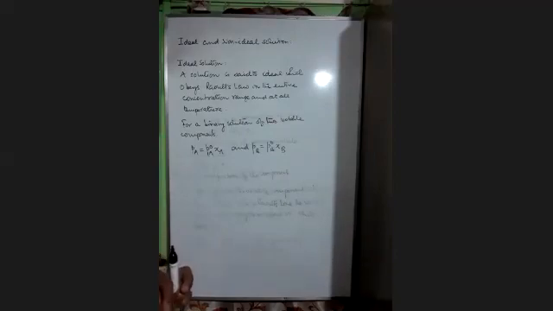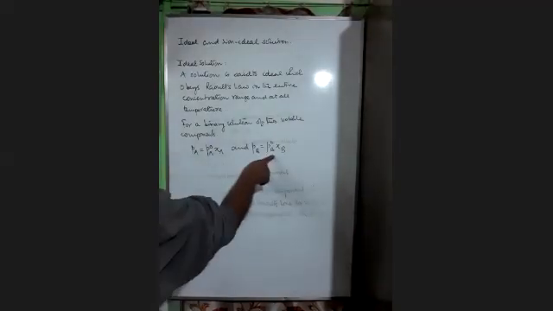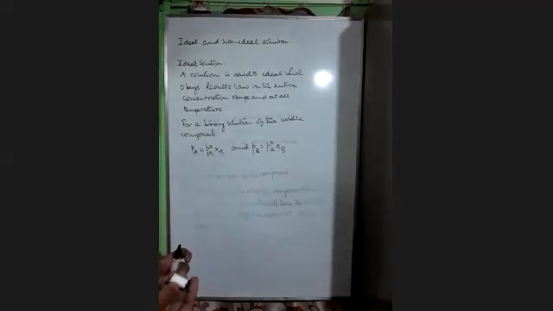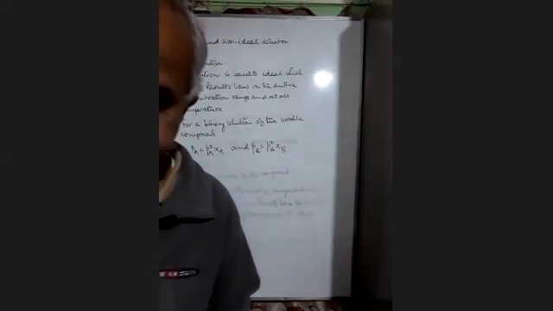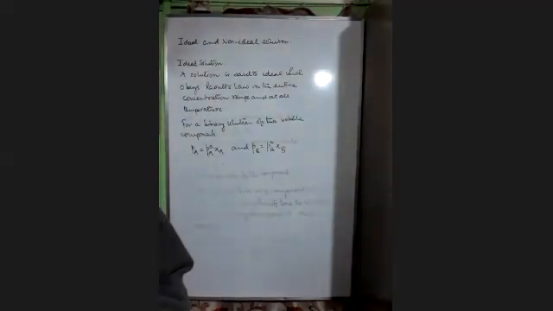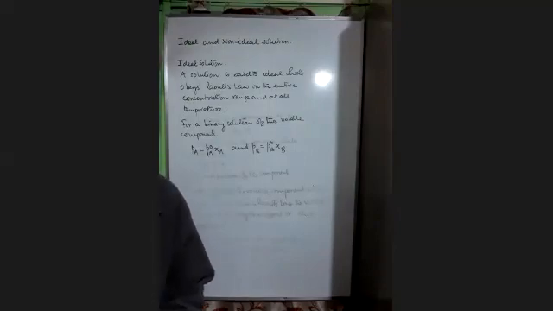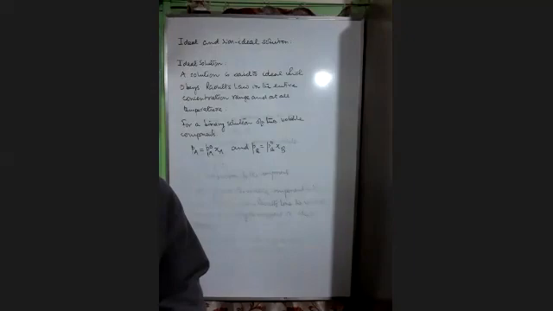Then put a comma. PA0 and PB0 are the vapor pressure of pure solvent and solute.